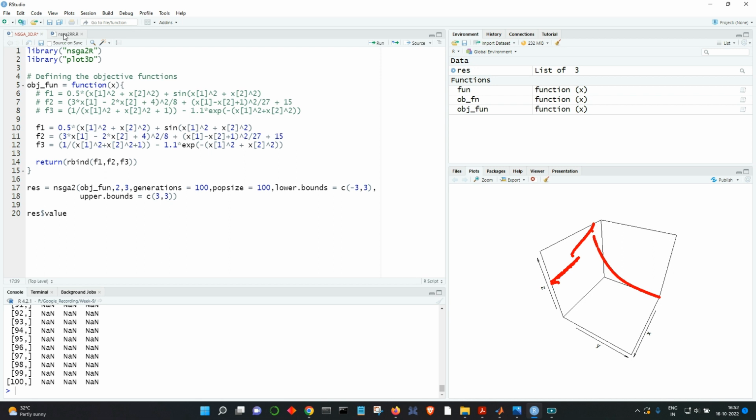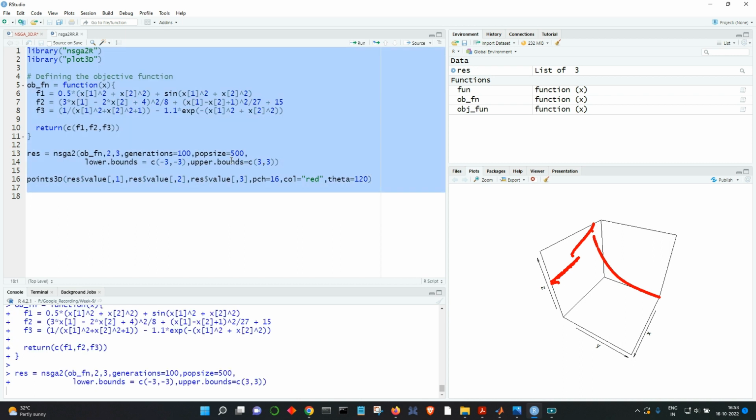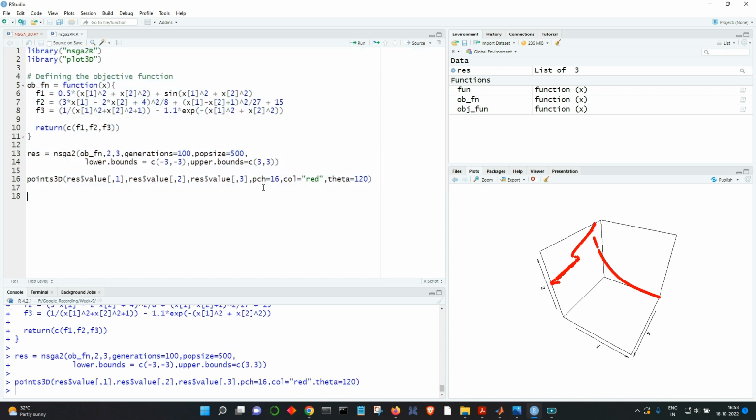Population size is pop size, lower dot bounds we have, upper dot bounds we have, and so I'm not sure what is going on here, but you see that this is working. So if you are able to figure out what is the problem with this, feel free to correct it.